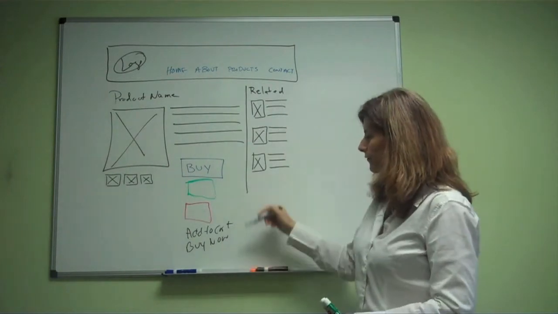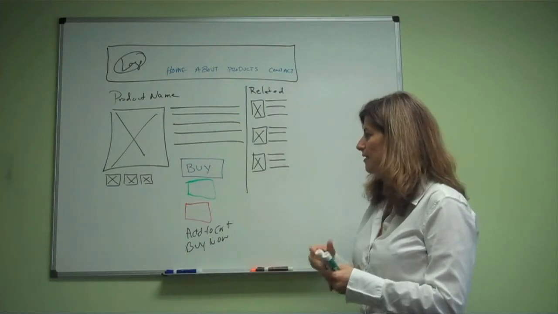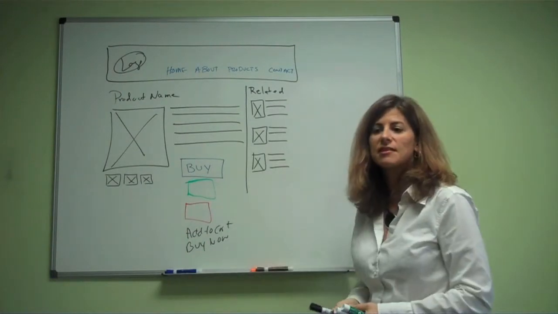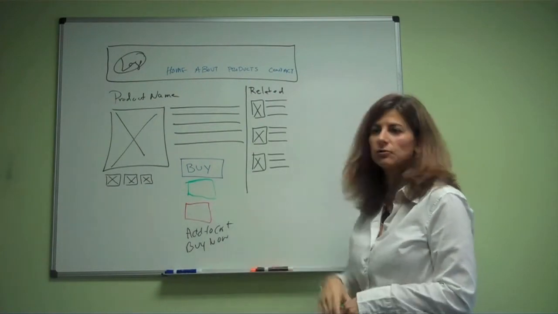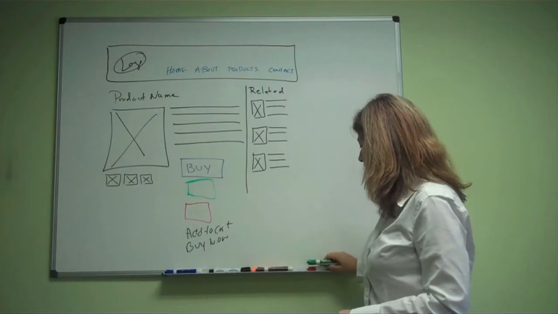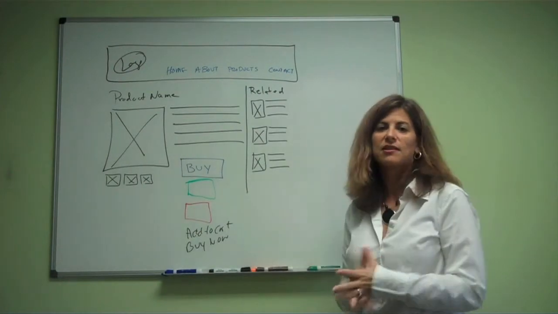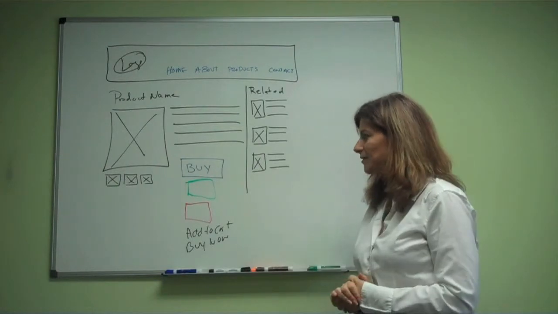So we have three different versions of text, we've got three different versions of the color, and we would test them in different combinations to see which of those combinations is the winning combination. That's a true multivariate test, and you could certainly add that into part of your sequential testing, but just understand the difference between a true A/B test versus a multivariate test.